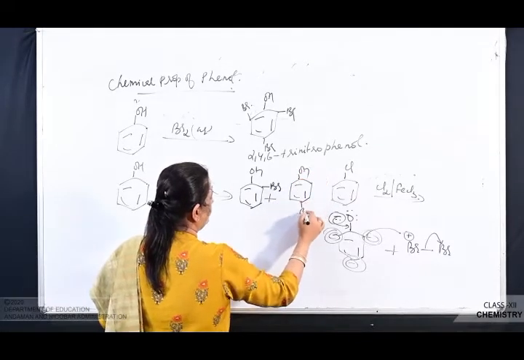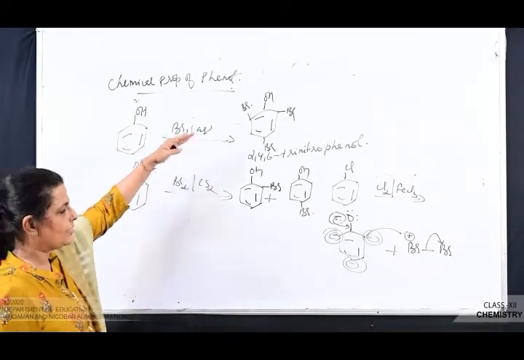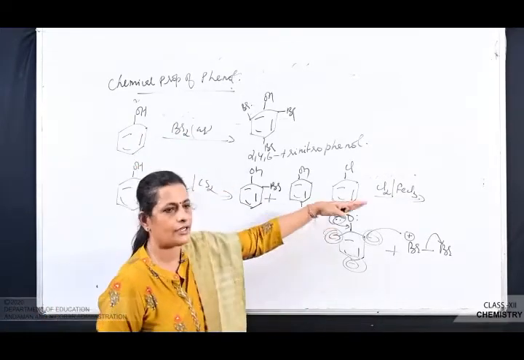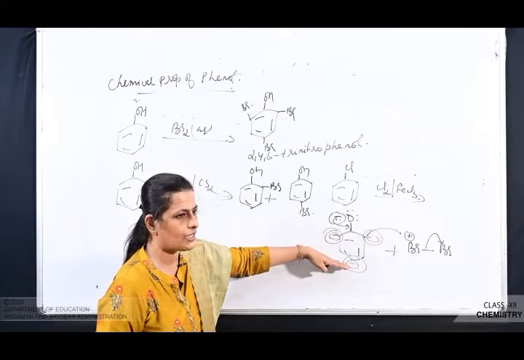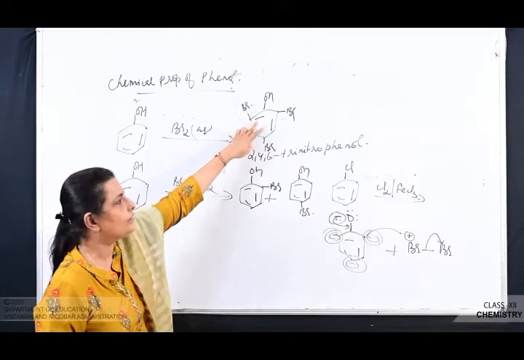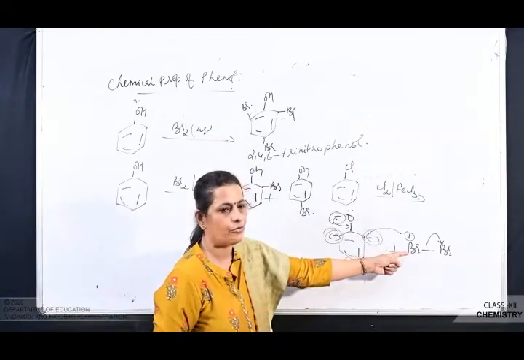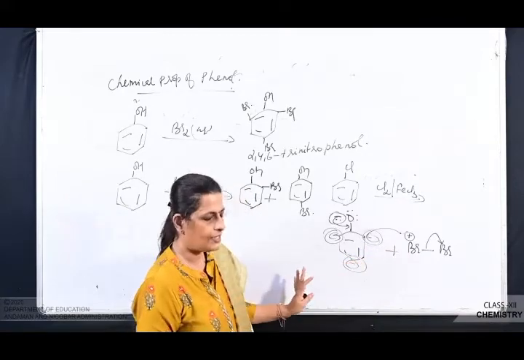Is it clear? In case of aqueous state, phenoxide ion is produced, that is involved in resonance, due to which the electron density in the ortho and para position becomes very high, and therefore the attack takes place in all the three positions, and that electron is enough for the production of bromonium ion. So you do not require a halogen carrier.